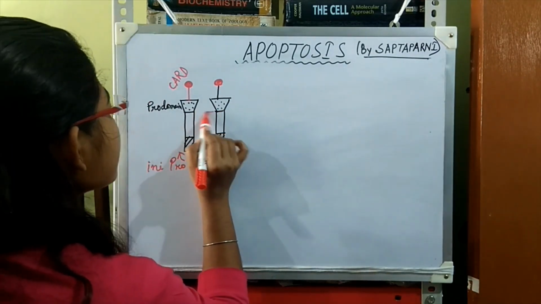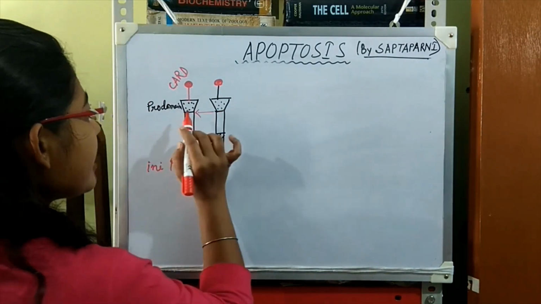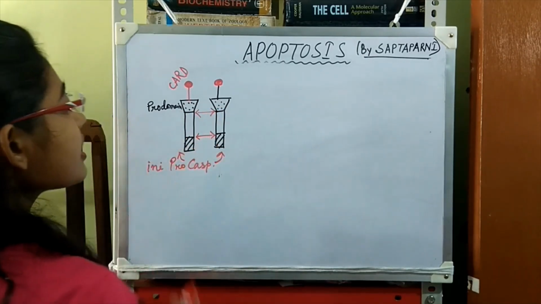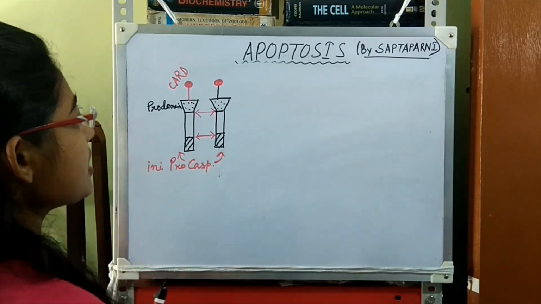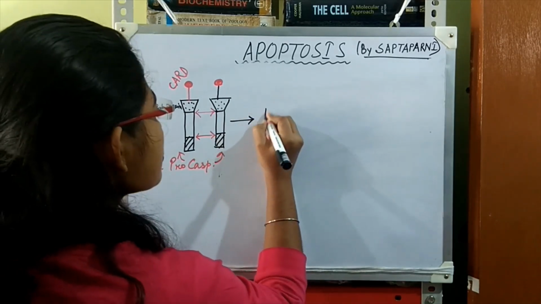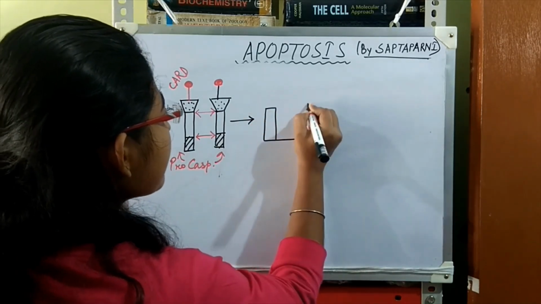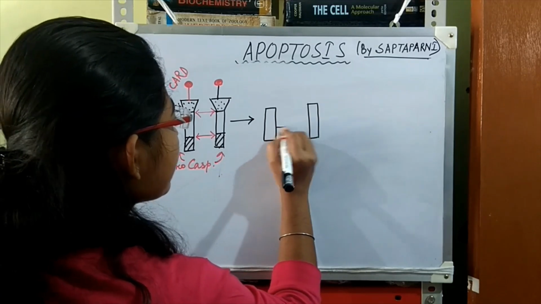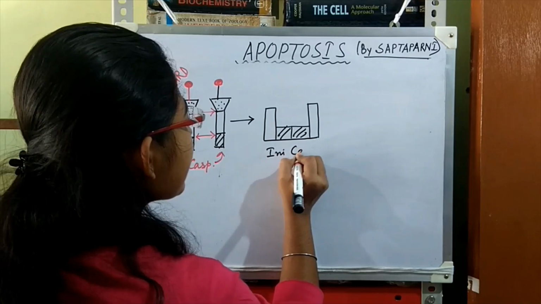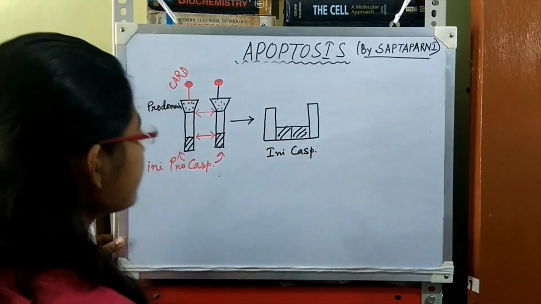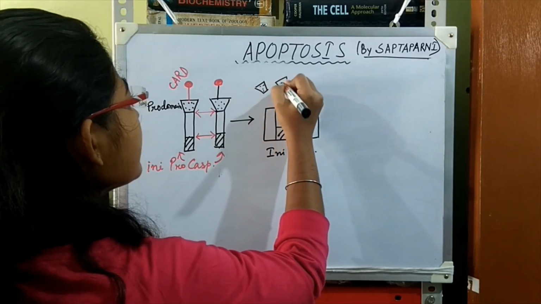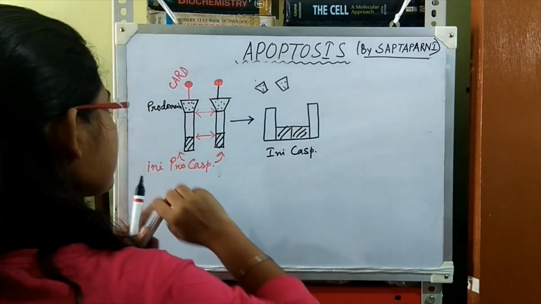This one will cleave that one at this side, and similarly, cleavage will also occur vice versa. As a result, these two initiator procaspases form the initiator caspase, which is now active, and the prodomains will be cleaved off with their CARD domains.